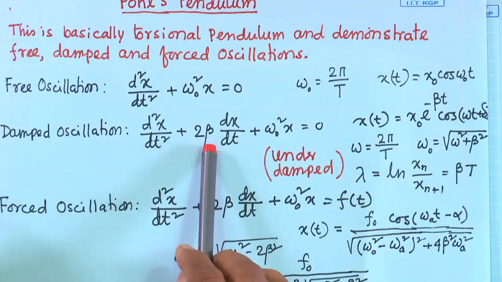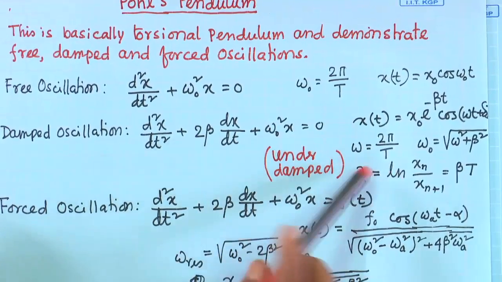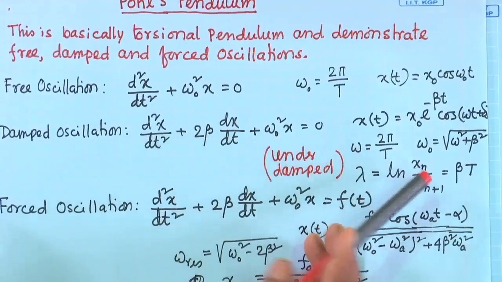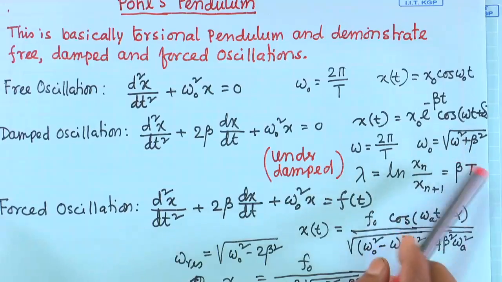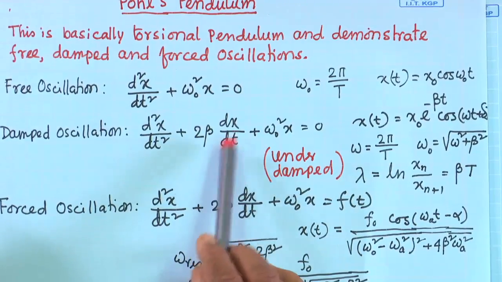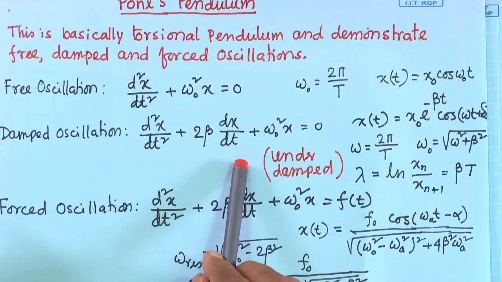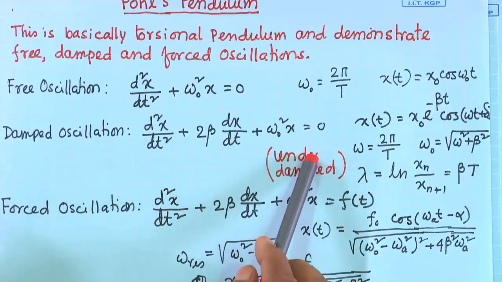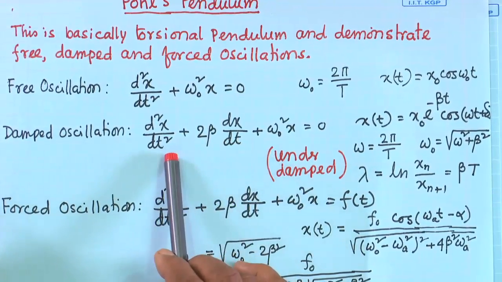One can write only beta, but we prefer to write 2 beta because then we get a simplified form of the relation. So, this is the differential equation of damped oscillation.